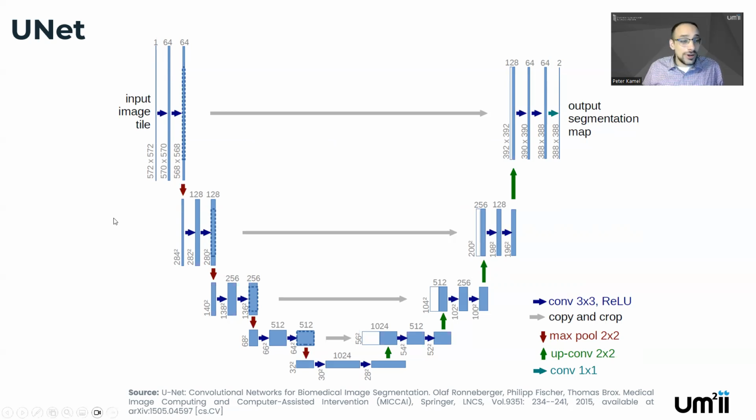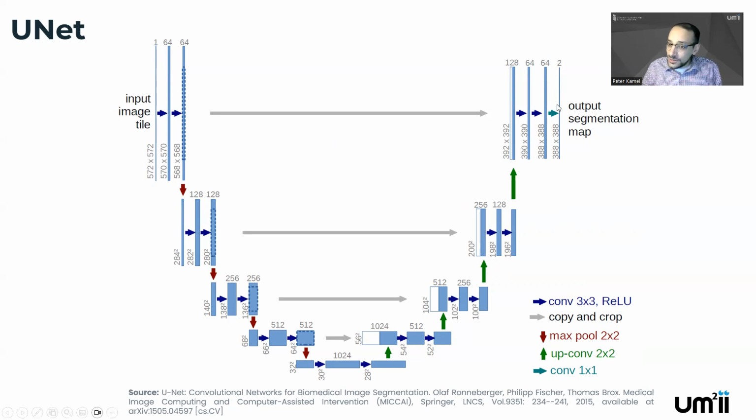Let's start from the beginning. We have an input image. Here it looks like it's a 572 by 572, representing the image size in pixels. It looks like there's just one channel, maybe because it was a black and white image.